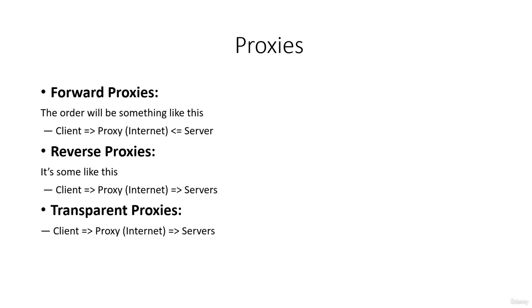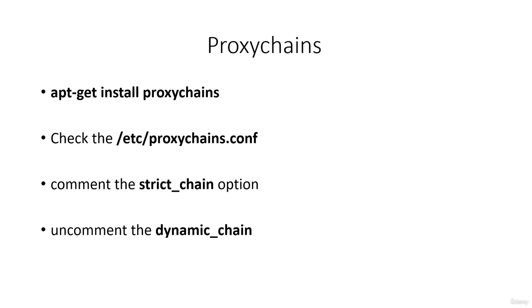This tool forces any TCP connection made by any application to follow through a proxy. To install, just type apt-get install proxychains and it will install automatically. You don't need to do anything.